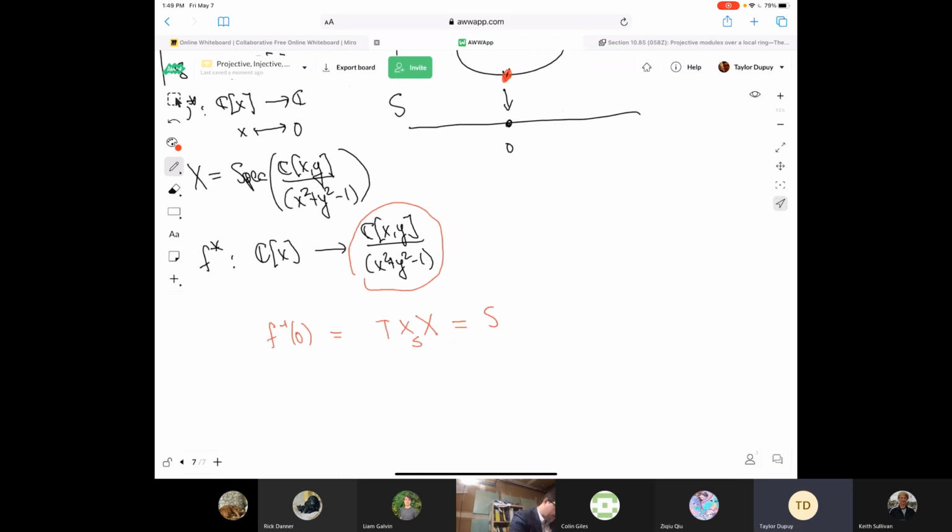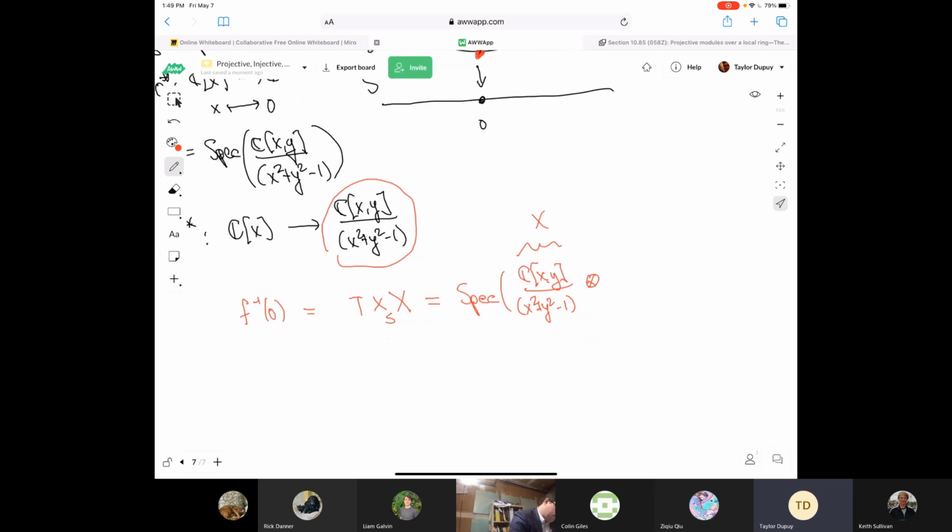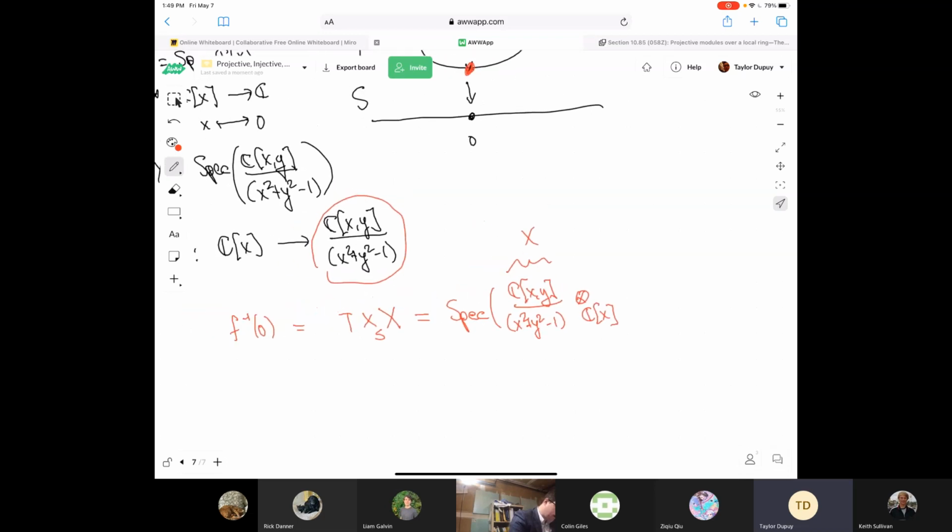According to our thing, this is C of xy mod x squared plus y squared minus 1. I'm writing the tensor product a little backwards. This is the X part, and this is over S, with C of x. Then I'm tensoring with C with respect to this map 0 star.